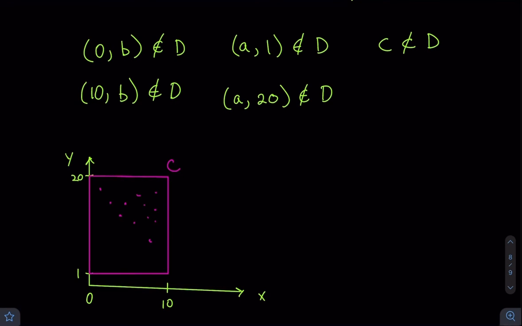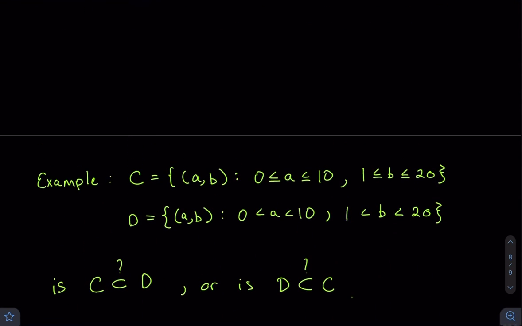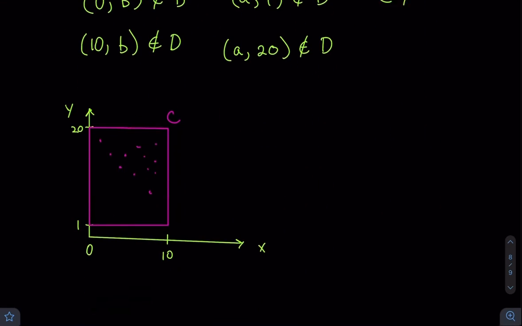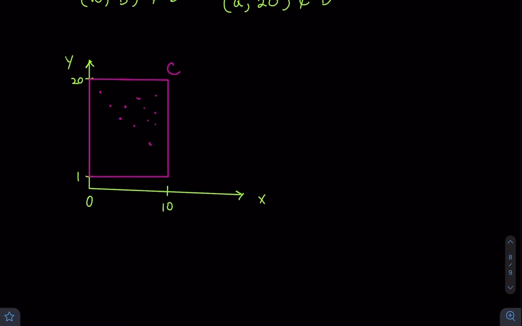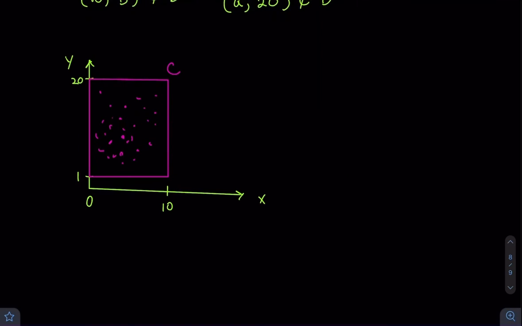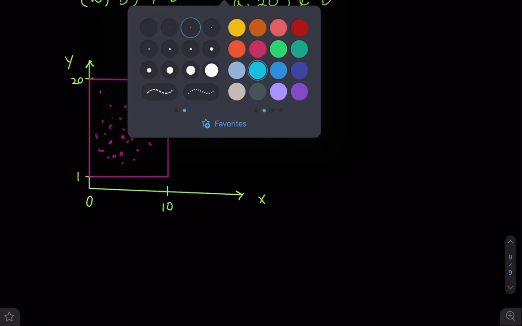And set D will look similar, except we don't want to include all the points on the edge. So set D is going to have all the points within this same rectangle, except it's not going to have points on these edges. So set D will look like this.